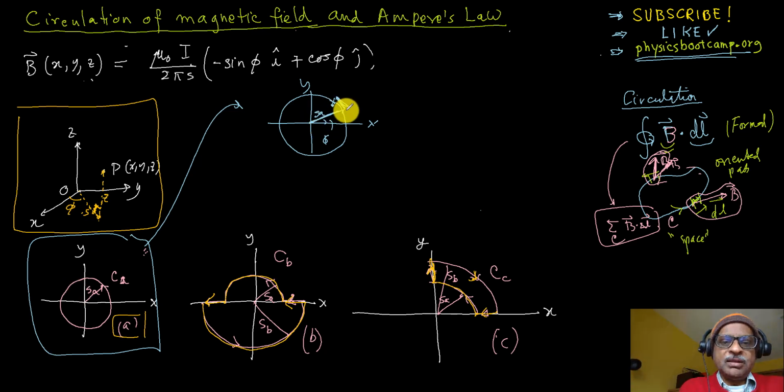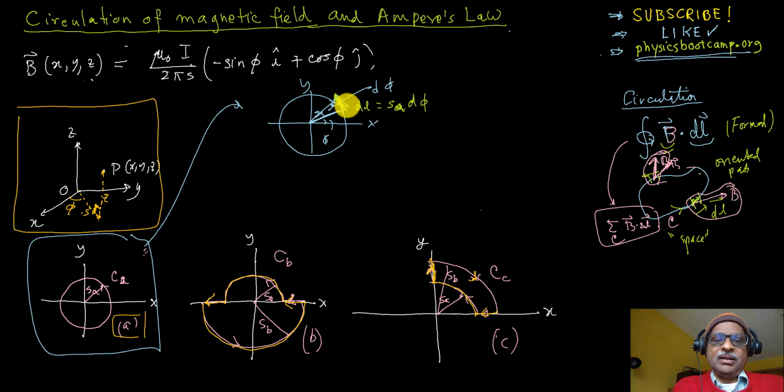So dl will be at some angle d phi. Its magnitude will be s_A times d phi.